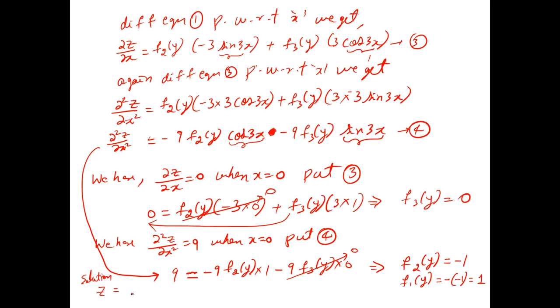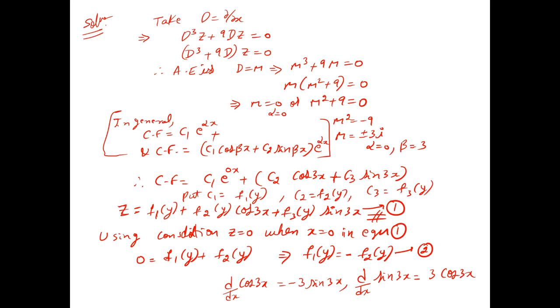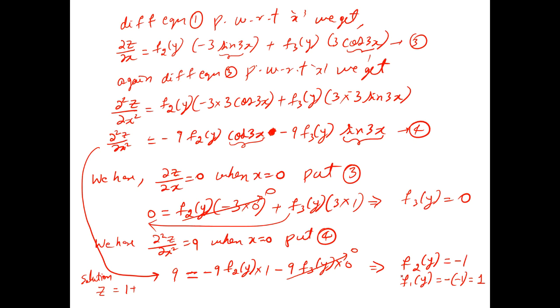Z is equal to, substitute f1y is 1 plus, in equation 1 I am going to substitute all f1y, f2y and f3y. So this is our equation, students. Just remember this. In this equation I am going to substitute f1y, f2y and f3y. Here we have already calculated f1y, f2y and f3y. Is it clear?